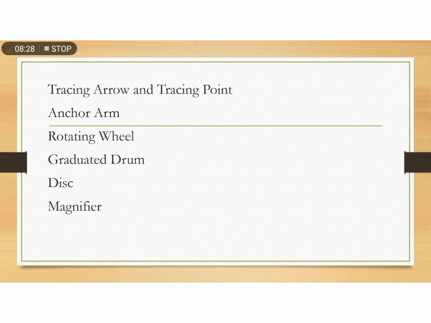The tracing point is the movable needle point which is connected to the tracing arm. This point is moved over the outline of the area to be measured.